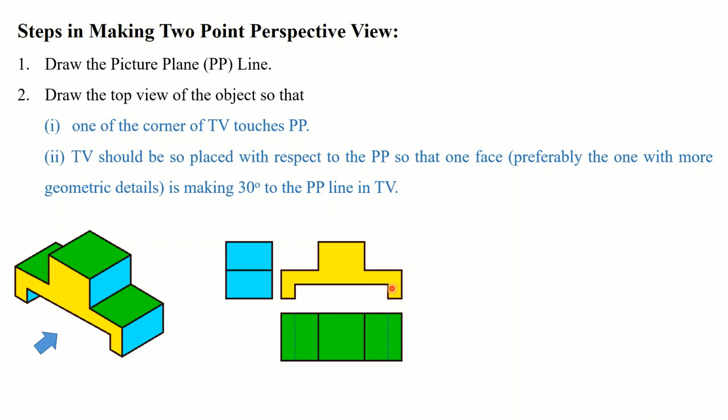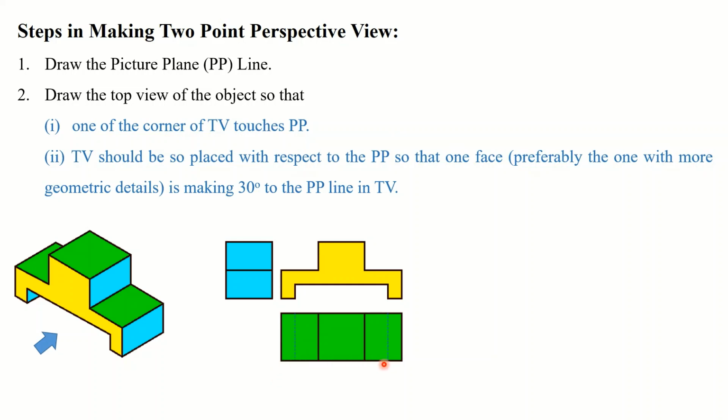Now we have to see where this chosen face, which has more geometrical information, is appearing in the top view. In the top view, this line basically represents this yellow colored face. So this line is very important.